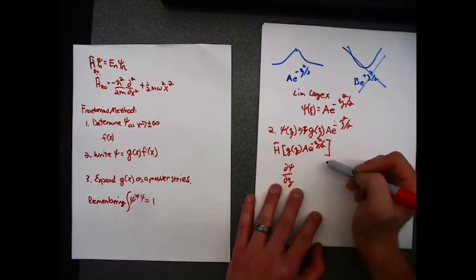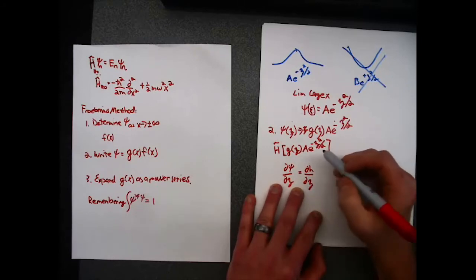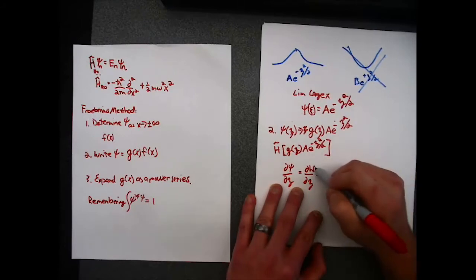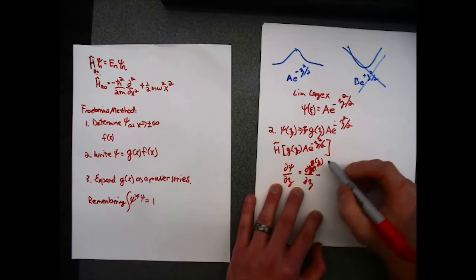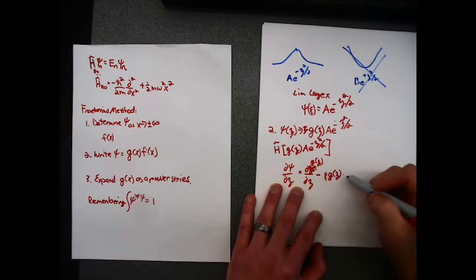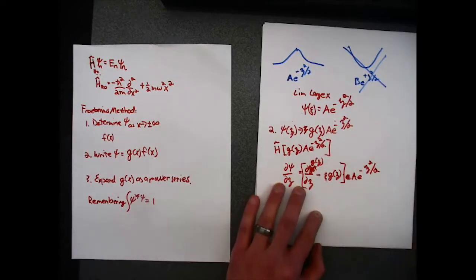So that's going to be equal to the quantity dg by dc minus c times g of c, times that Gaussian.